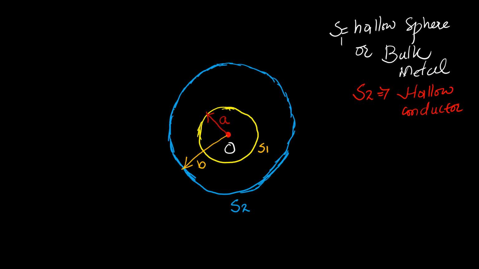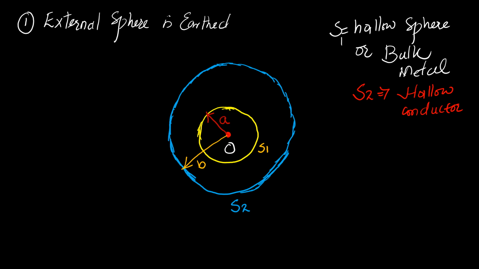In spherical plate capacitors, there are two possible cases. In one case, the external sphere S2 is earthed. In the second case, the internal sphere is earthed.